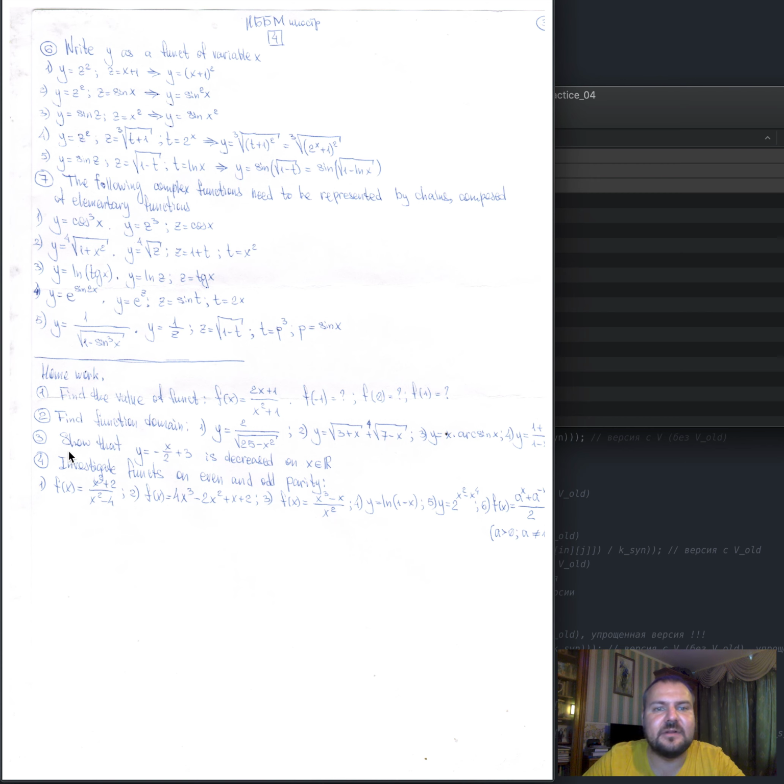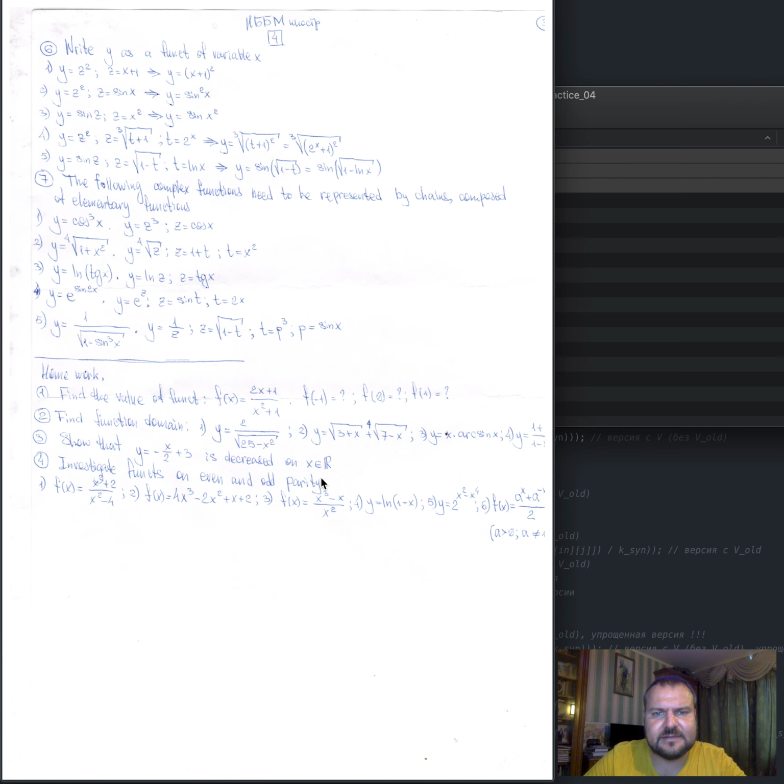The third example, the same as in this practical lesson: show that y equals minus x divided by 2 plus 3 is decreasing on the set R. And the fourth example for you, investigate functions for the even and odd types of parity. f of x equals, first, (x squared plus 2) divided by (x squared minus 4). The second, 4x cubed minus 2x squared plus x plus 2.